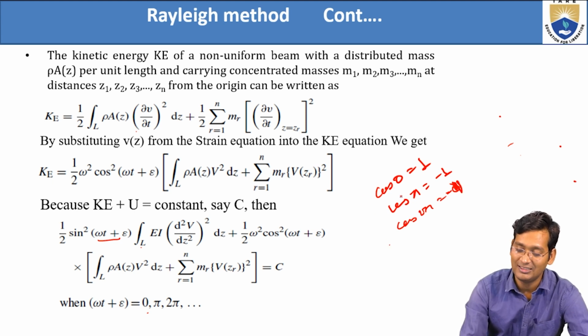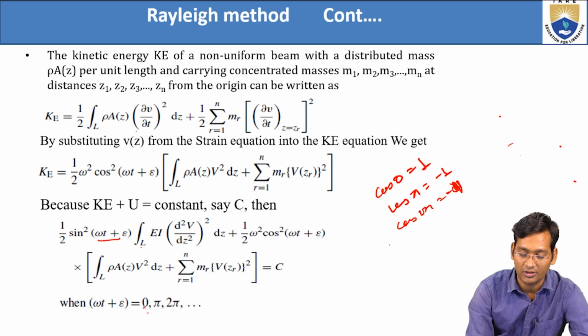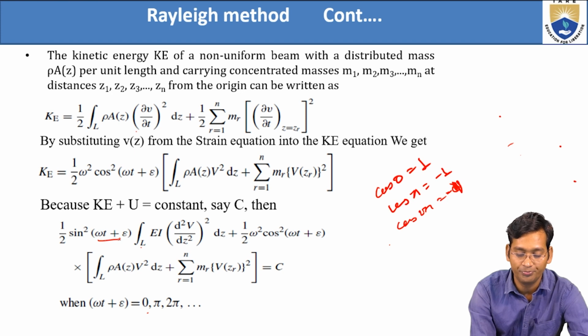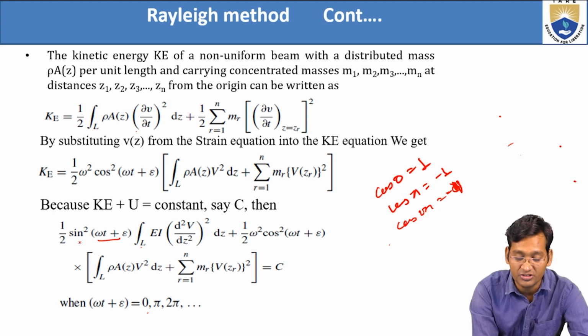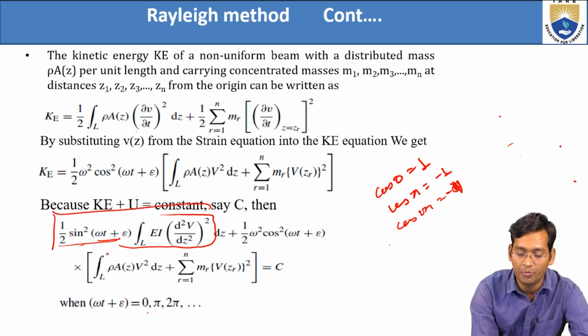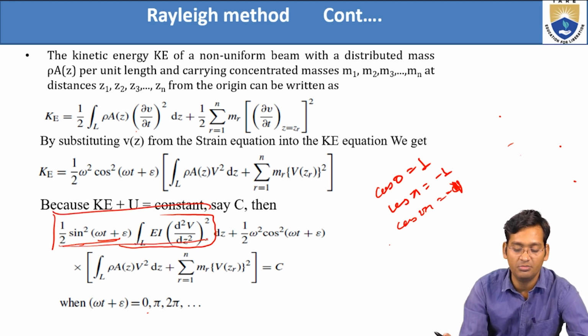So like this, once we substitute this one, cos 0. So just see here, when ωt + ε is 0 we are putting. So this is 0, right? So sin² 0, sin 0 is 0. So this term is 0. So after multiplying, this whole term will be 0. So for ωt + ε equal to 0, π, 2π, this term will be 0.